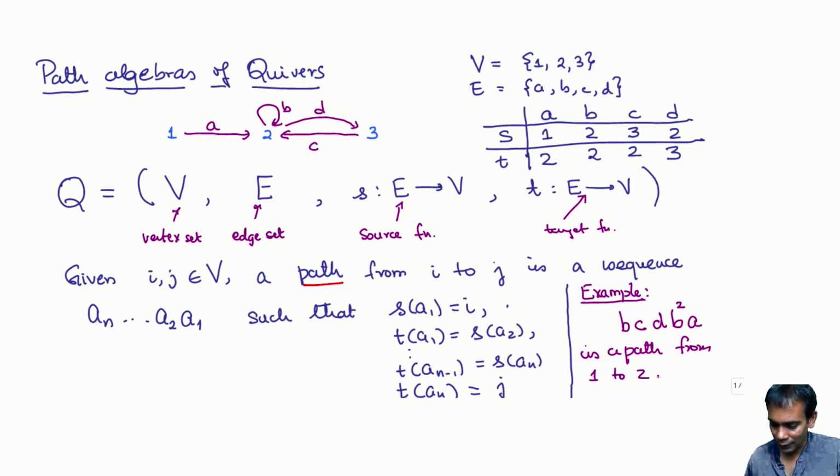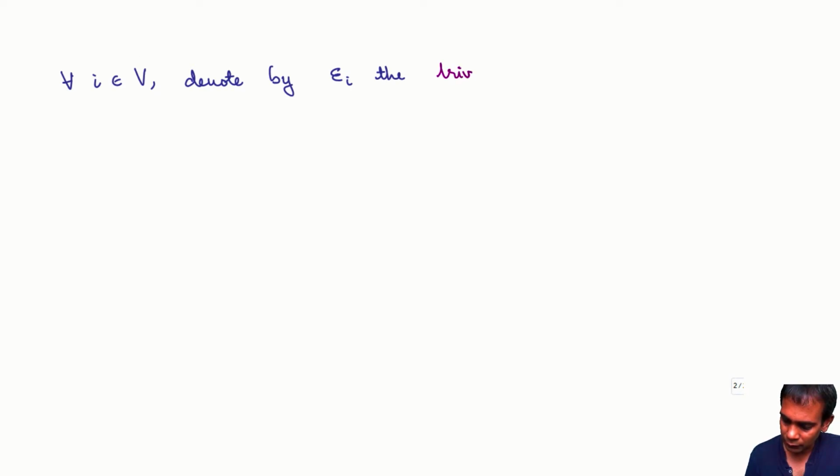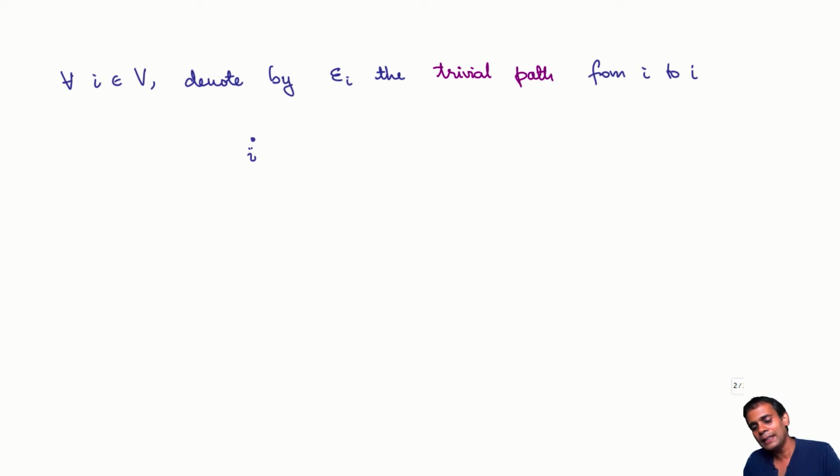A special kind of path is the trivial path. So for every I in V, we denote by epsilon I the trivial path from I to I. What we are thinking of this path as doing is you are at the vertex I and you don't use any arrow at all.